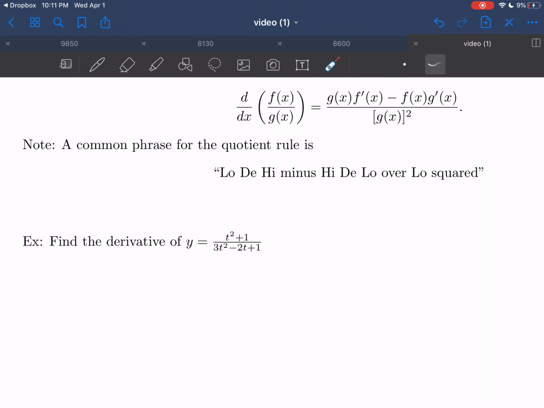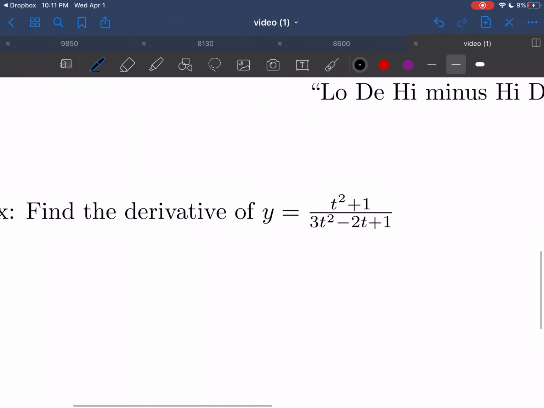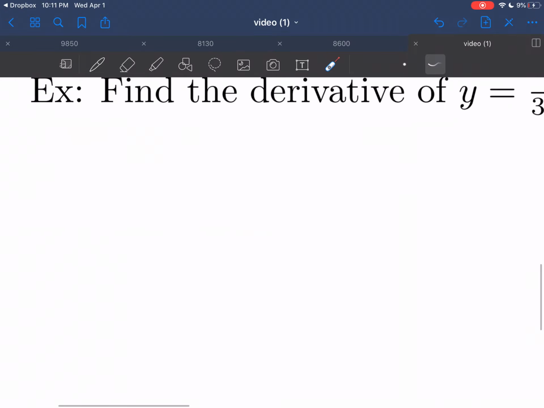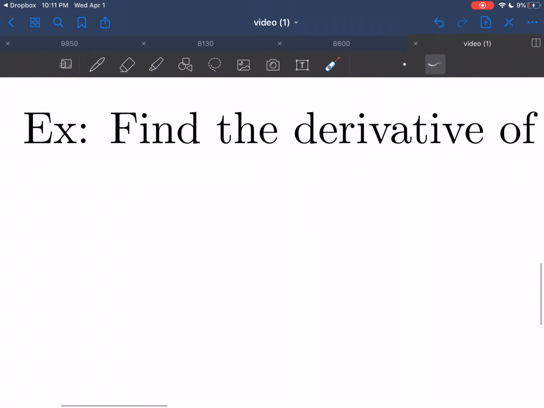Okay, so we'll do a couple of examples with it. So our first example, we've got a function here, and we can see that it's the derivative of t squared plus 1 divided by 3t squared minus 2t plus 1. Okay, so we're looking for y prime.